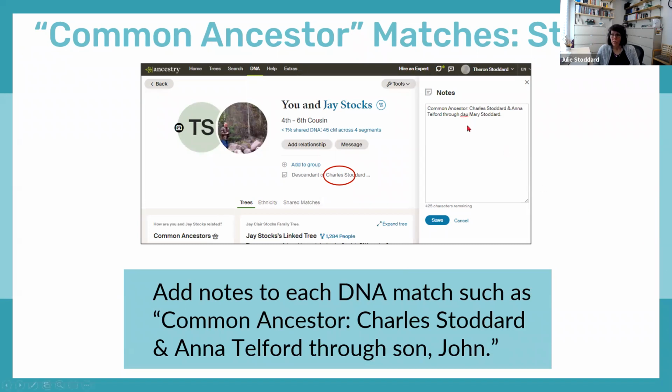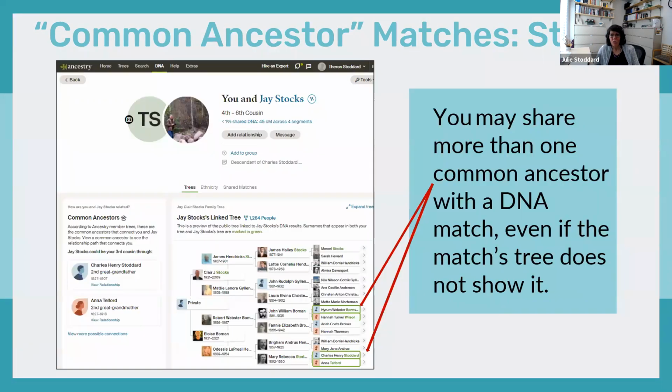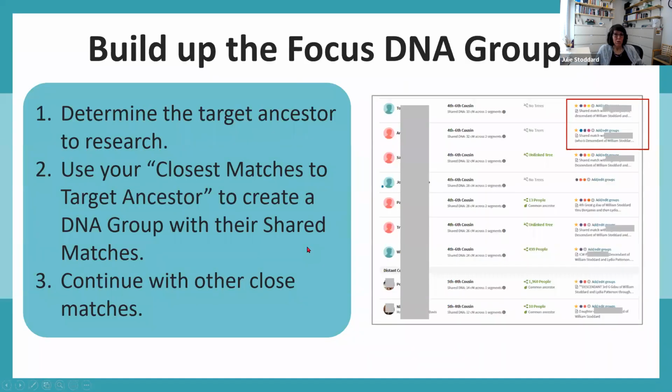You'll notice I add my notes, and that lets me remember when I'm looking at my match list where I've already figured out that they fit in. So here's an example. I clicked on the common ancestor button and it said our common ancestor was Charles Henry Stoddard. But I start looking at the tree, and my husband shares with this gentleman on two different lines.